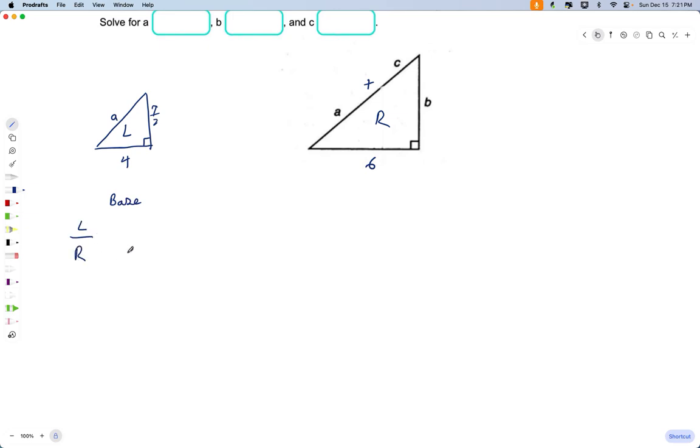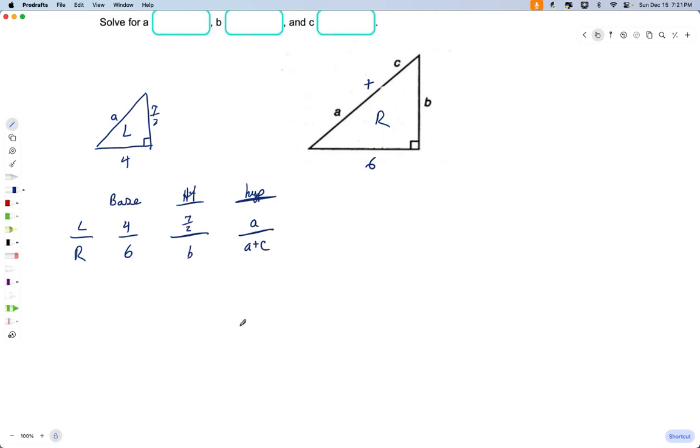For the base, we have 4 over 6. For the height, we have the little triangle, 7 over 2 over B. And then for the hypotenuse, we have A on the left, and then we have A plus C on the right.